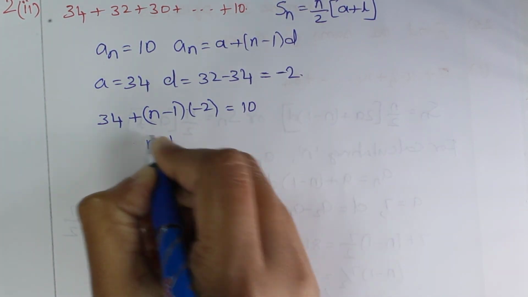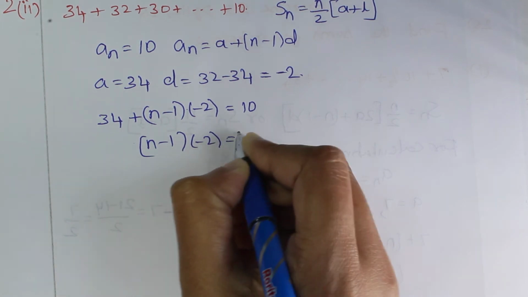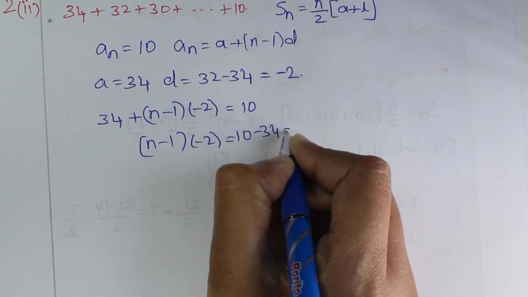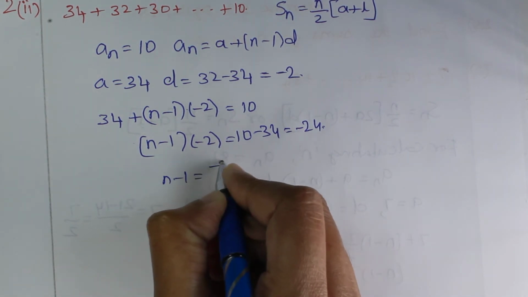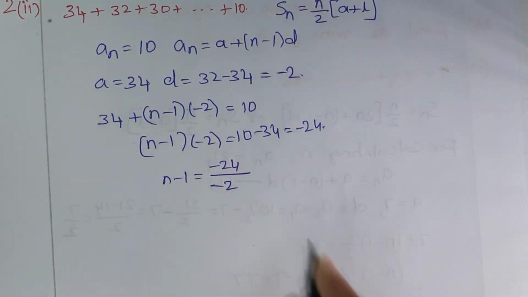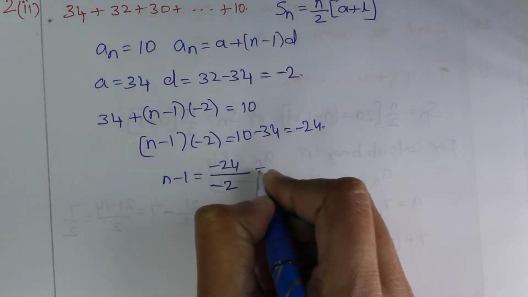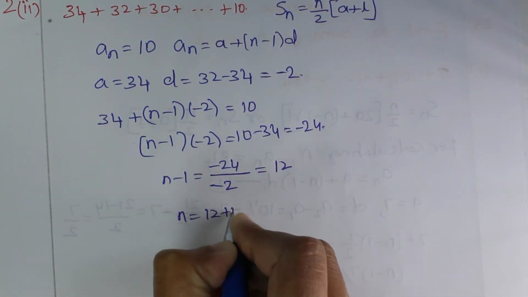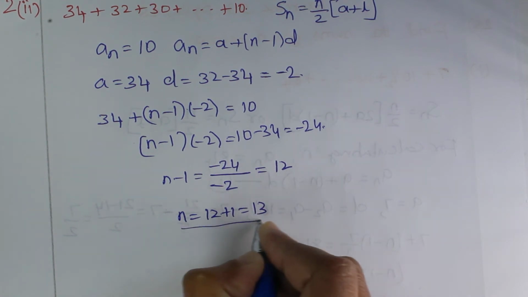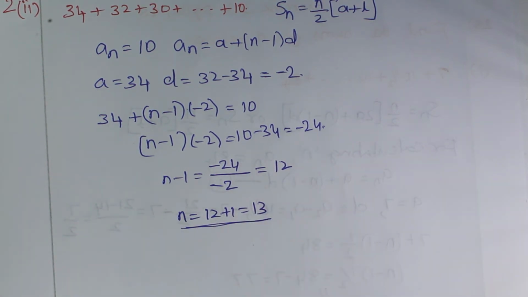So n minus 1 into minus 2 is equal to 10 minus 34, that is equal to minus 24. So n minus 1 is equal to minus 24 divided by minus 2, that is equal to 12. N is equal to 12 plus 1, that is equal to 13. So there are 13 terms in this series.